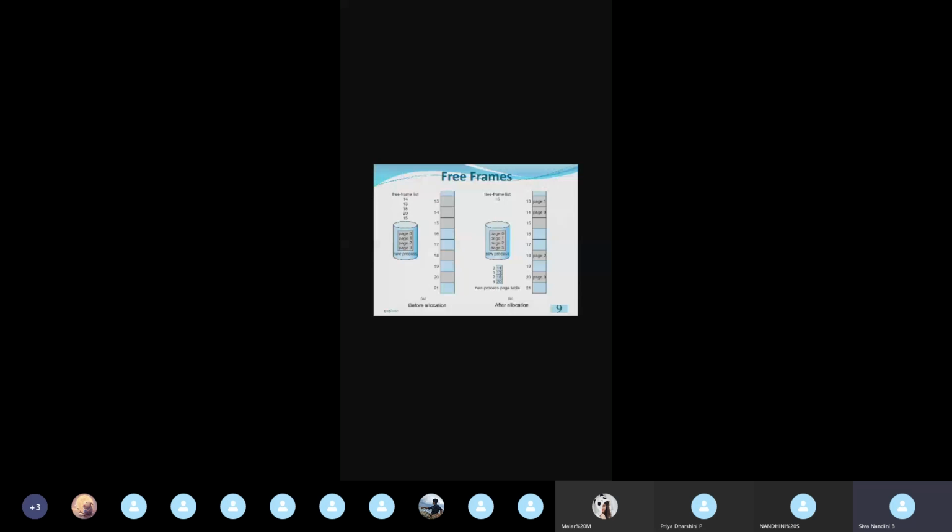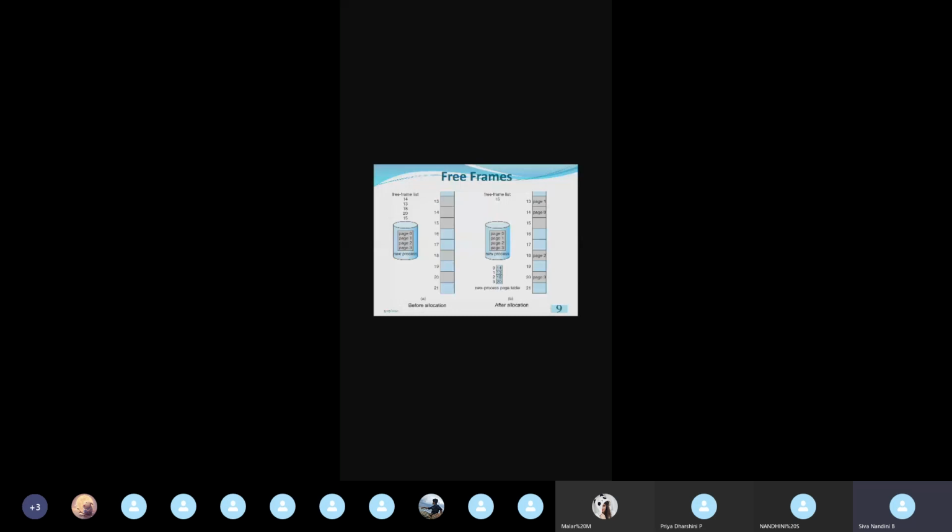I am repeating again. Page 0 is allocated to the first frame in the free frame list, which is 14. Next, page 1 is allocated to the second free frame in the list, that is 13. Page 2 is allocated to 18. Page 3 is allocated to 20. Likewise, we have allocated the new process of 4 pages into the physical memory.